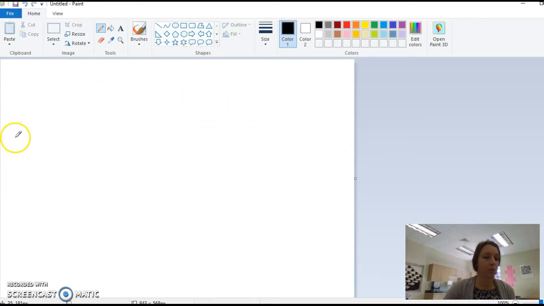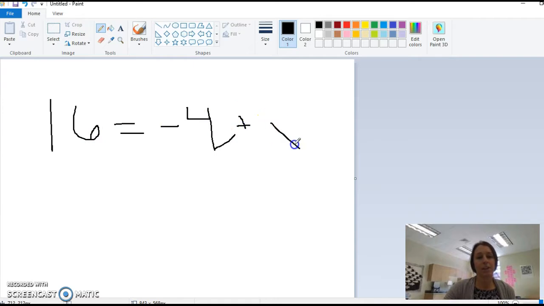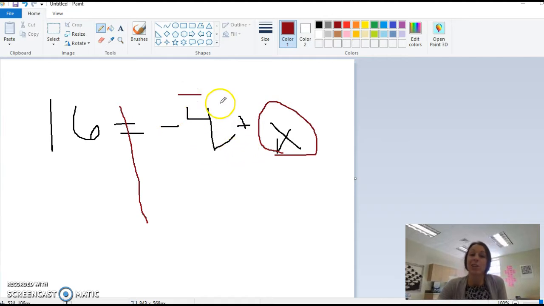Check. We're good. Next one. Ooh, this is a really good one. 16, this does not do what you think it will do. 16 equals negative 4 plus whatever that is, x, line down. All right, so here's our x. What we want to get rid of is this 4. If we look in front of it, then we see that the 4 is actually a negative. So the opposite of a negative has to be a positive, which is confusing because we see this plus sign here. And you might think, oh, there's a plus sign, the opposite of plus is minus.